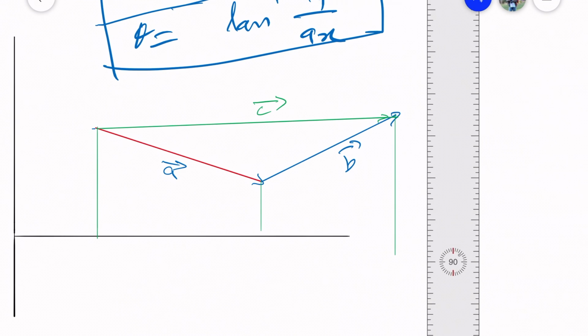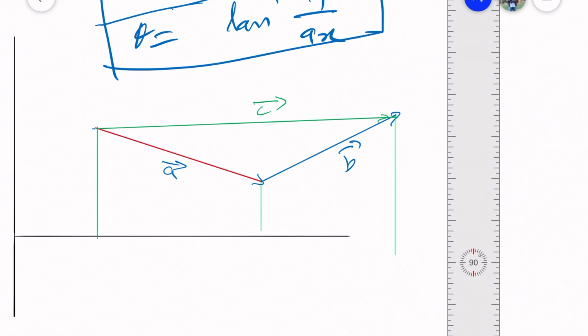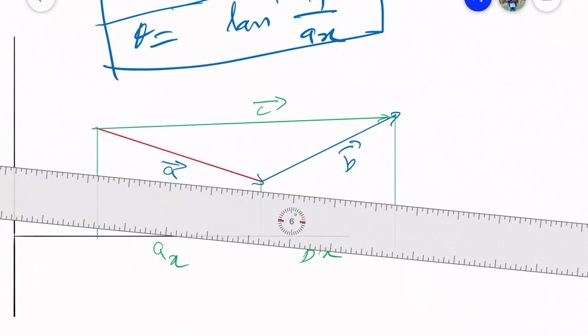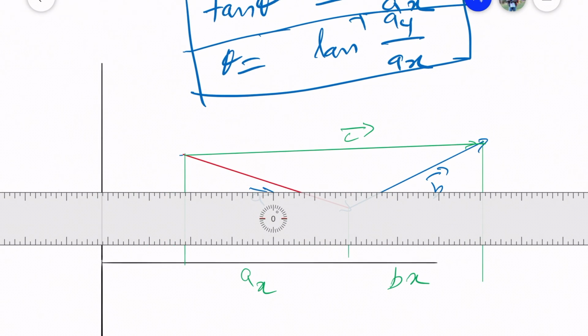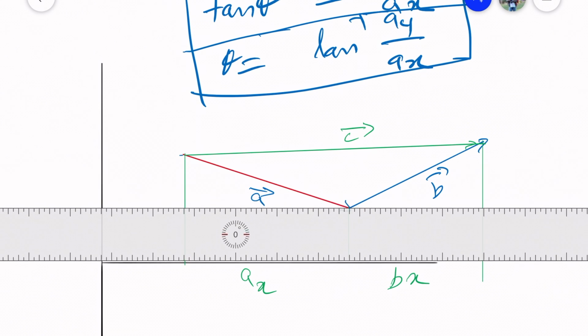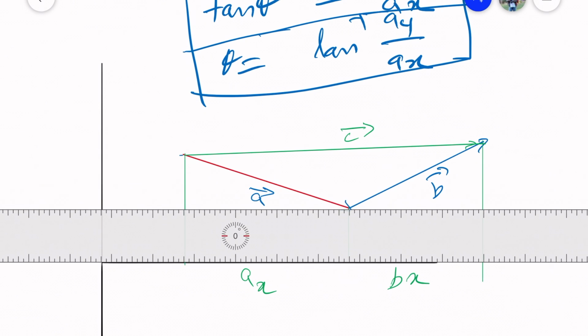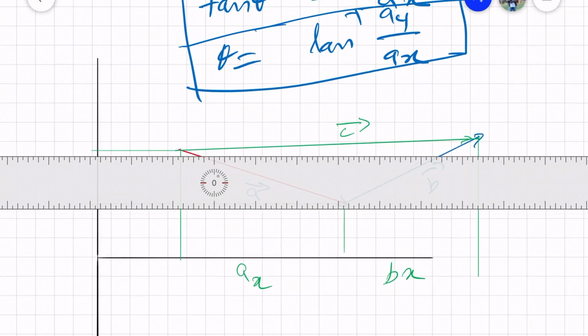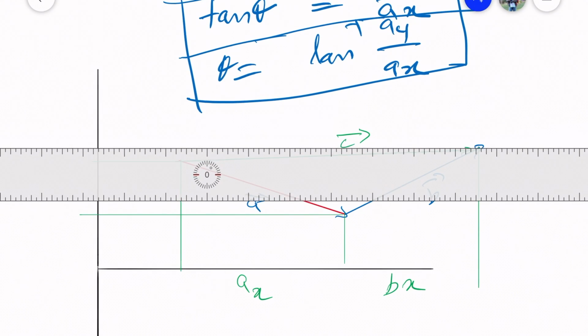So these are two components. So this is basically Ax, this is Bx, and similarly we want to find these two components. So this is the first component and this is the second component, and this is the third projection basically.